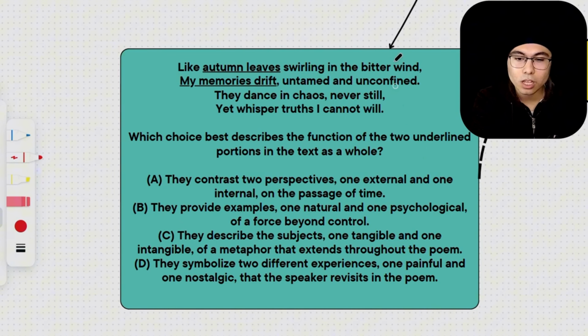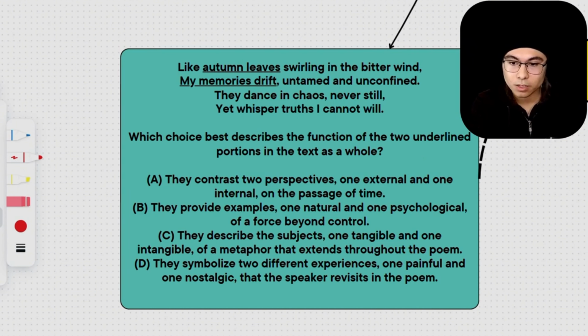And you could think about memories as well here. So they're comparing those 2 things. Memories are also the ones that we don't really control. And just like those leaves in the wind, our thoughts, our memories drift around chaotically.